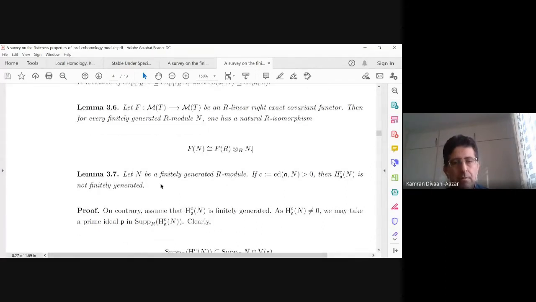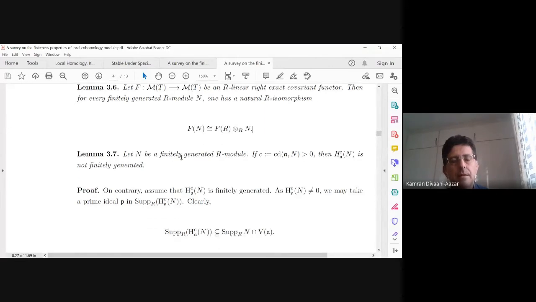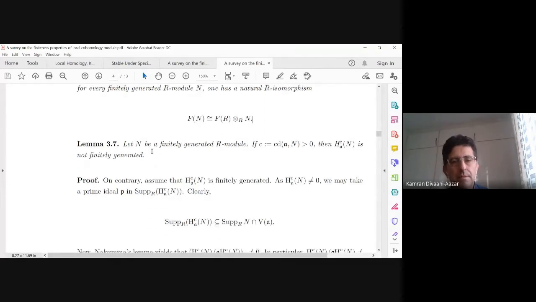Now we can bring a proof for this result. Let N be finitely generated. If the cohomological dimension of N with respect to A is bigger than zero, then the top local cohomology of N with respect to A is not finitely generated.